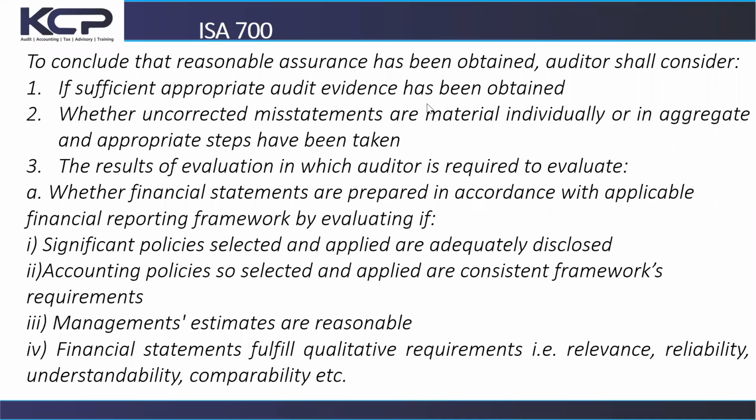So you need to pay attention to that. All of their accounting policies or the significant policies they have adopted, do they disclose them? If not, you need to insist that they must be disclosed. Then, accounting policies so selected and applied are consistent with framework requirements. So those significant policies that they have selected and applied must be in line with what our conceptual framework requires.